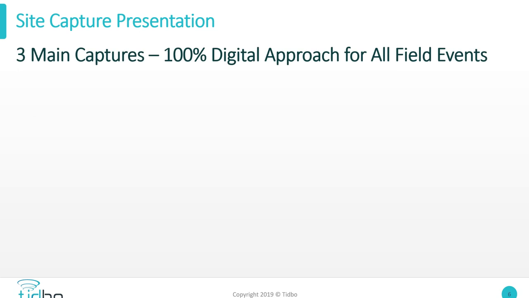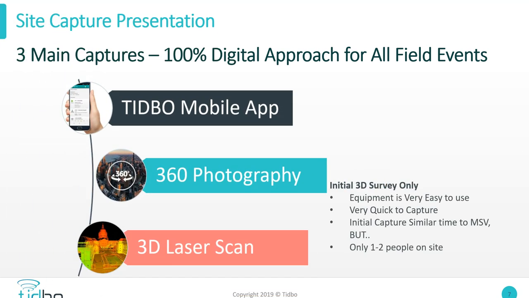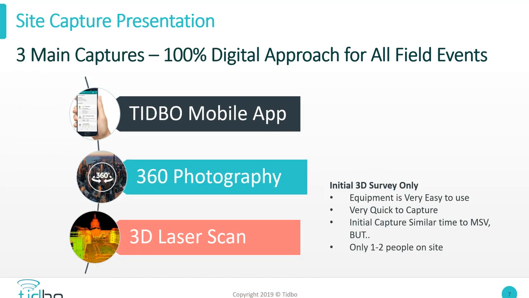So in the TIDBO digitization approach, there are essentially three capture types. We have the TIDBO Mobile App, which we're going to look at in detail in this slide deck, and we have the 360 photography and the 3D laser scan. Now I just want to stress that the 360 photography and the 3D laser scan are typically used only at the initial digitization of the site.